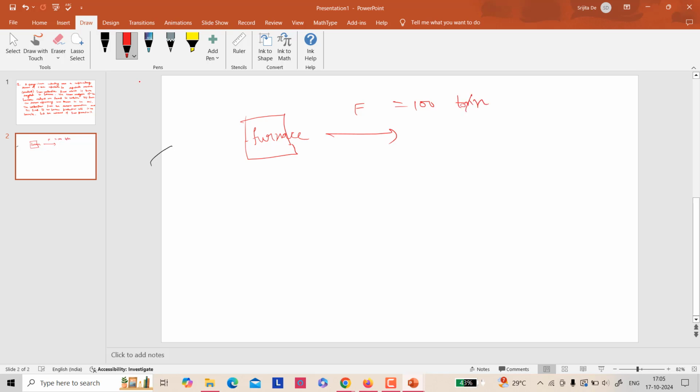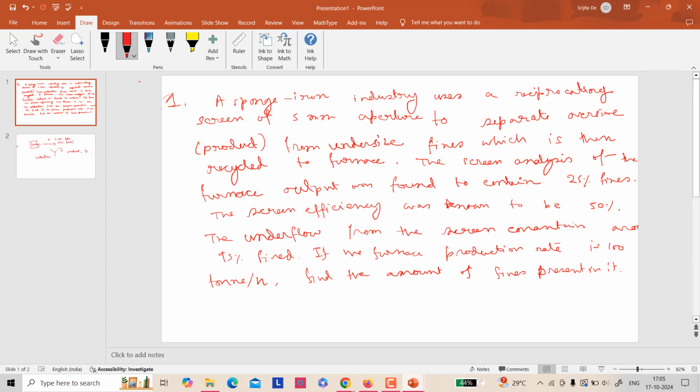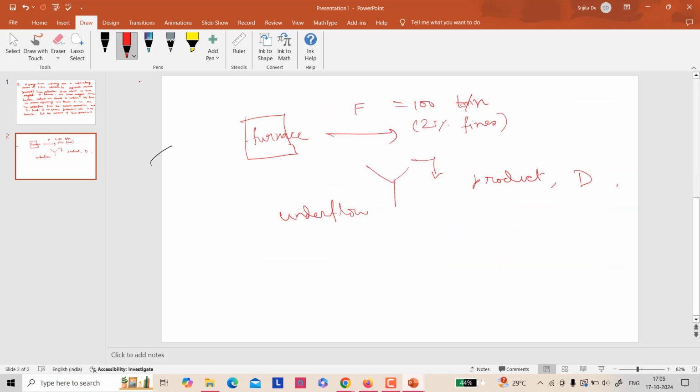It contains 25% fines. And the overflow is our product, the oversize is our product, it is D, and the underflow is B, where there is 95% fine. So we need to calculate the overall screen effectiveness.